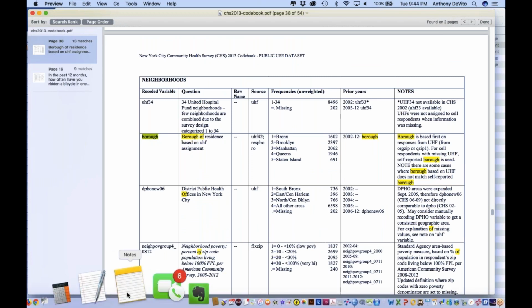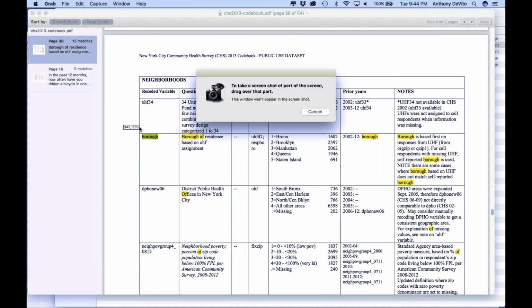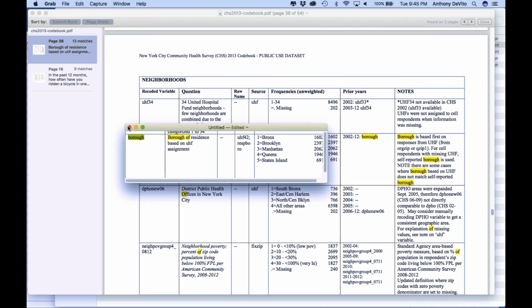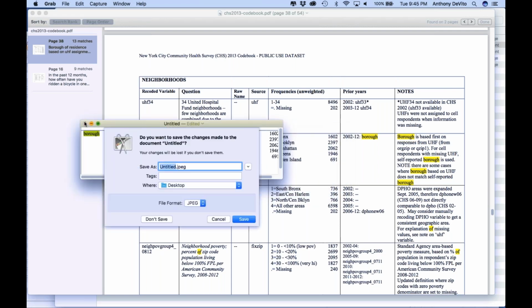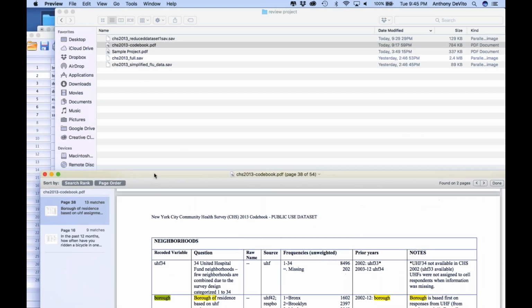One is, hey, let me grab it and get this out of the way. Okay. I'm going to save this borough. Okay, so let's go back here.